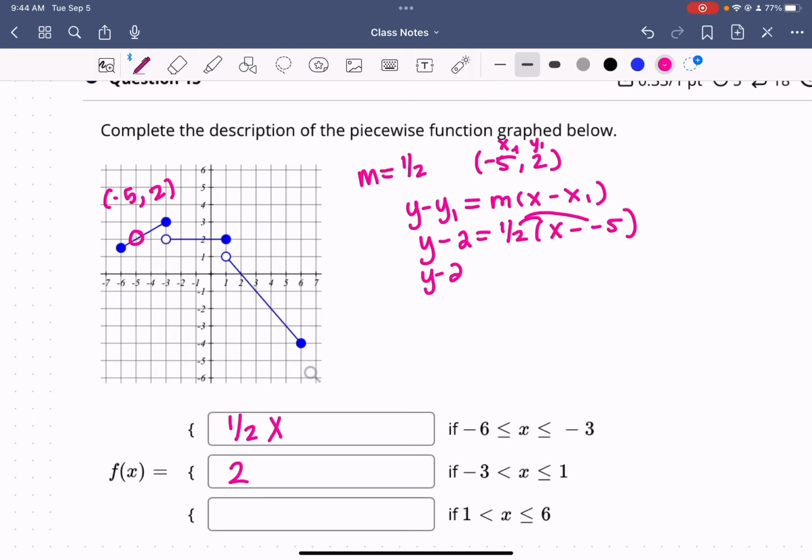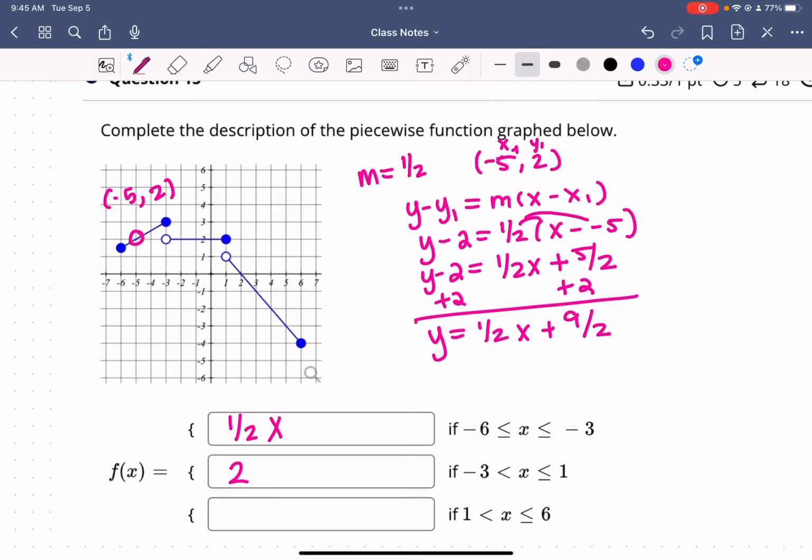It gives me y minus 2 equal to 1/2 x plus 5 over 2, and then add the 2 over. I'm going to use my on-screen calculator to help me, and that gives me a value of 9 over 2. I'm not going to use the decimal, I'm just going to use that improper fraction. So I would say plus 9 over 2.